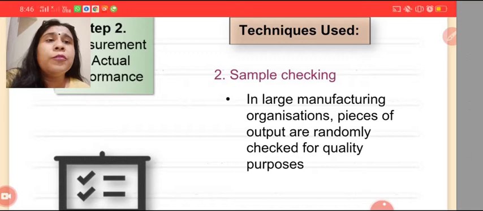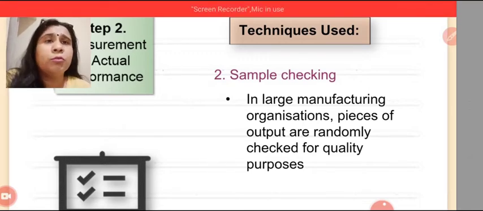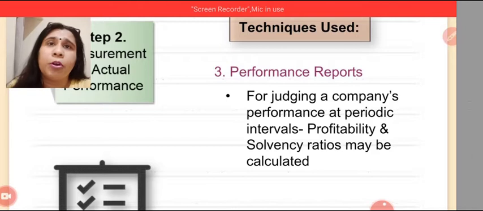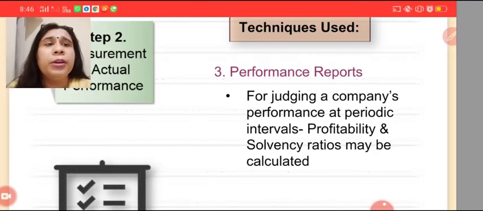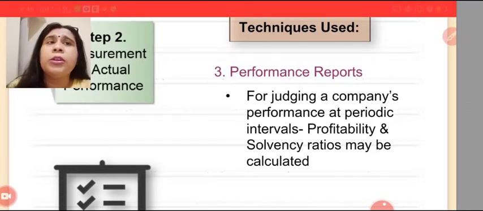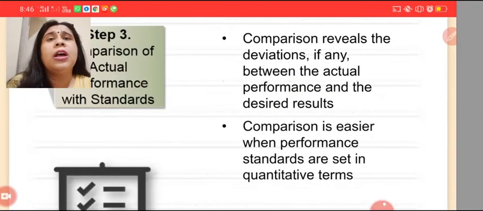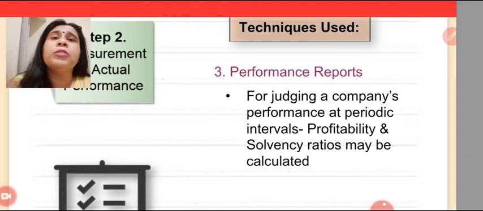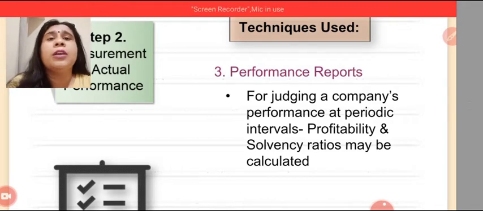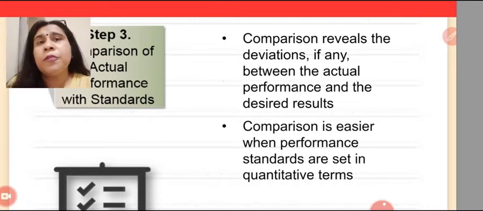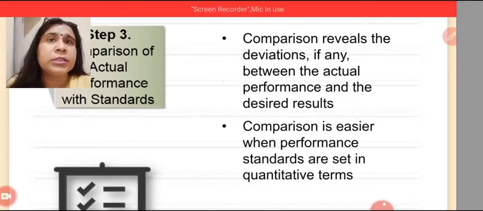In large manufacturing organizations, pieces of output are randomly checked for quality purposes, or performance reports could be used for judging the company's performance at periodic intervals. Some profitability and solvency ratios may be calculated. So these are the different ways the measurement of the actual performance is done.